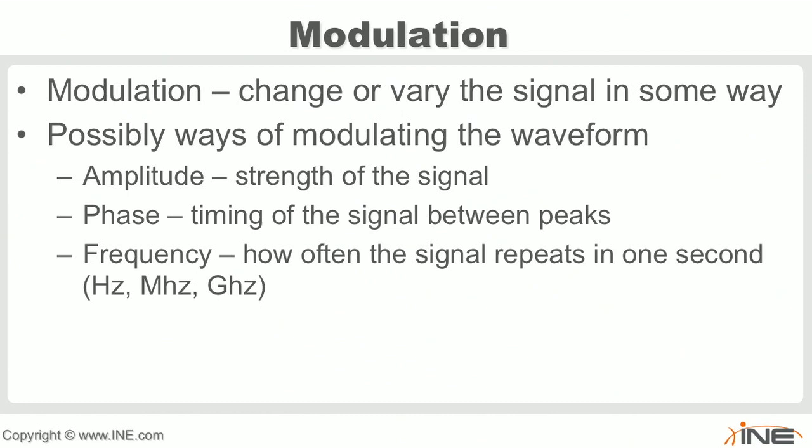FM radio, frequency modulation, modulates the signal based on the frequency. So maybe they change the frequency slightly back and forth. Maybe they change the frequency 2 megahertz in one direction, 2 megahertz in another direction, and they alternate back and forth in various repeated predetermined patterns in order to get that data over to you and then essentially put back together to where your radio can decipher that.